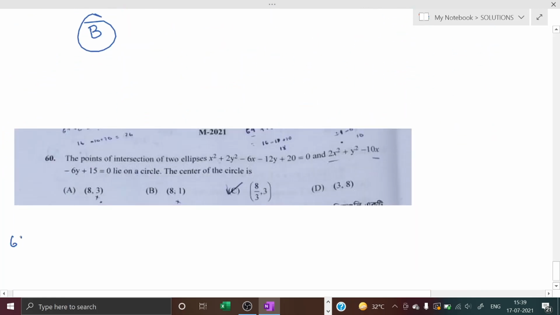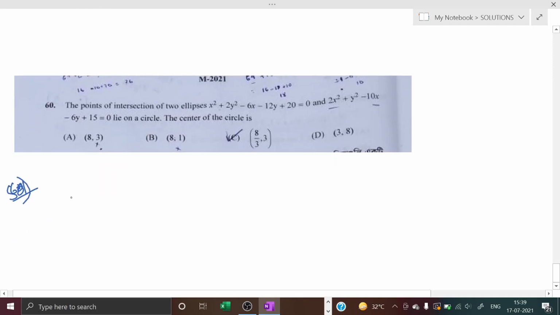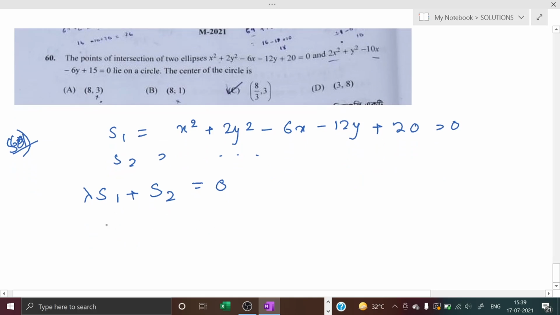Okay, this is the last question. Solution. This is a good question where you have to use a formula if you have practiced this type of question. So suppose the first curve is S1 and the second curve is S2. Then S equals S1 plus lambda S2 equals 0. This is a homogeneous equation.